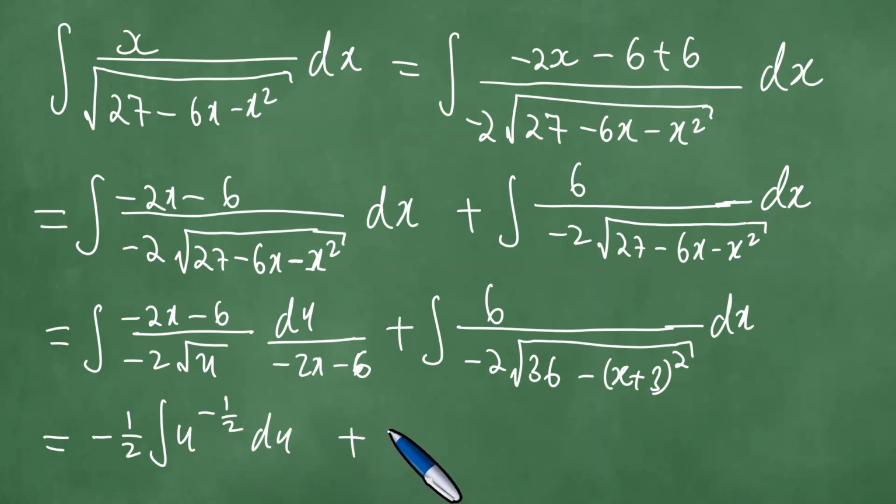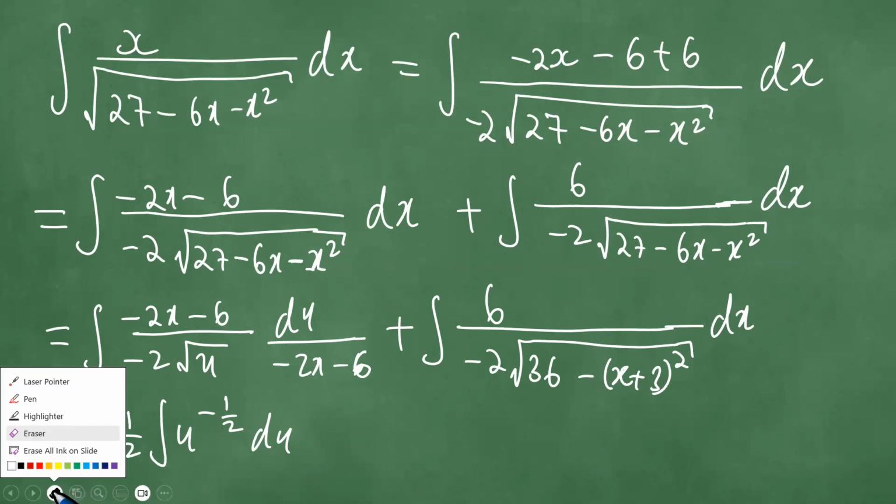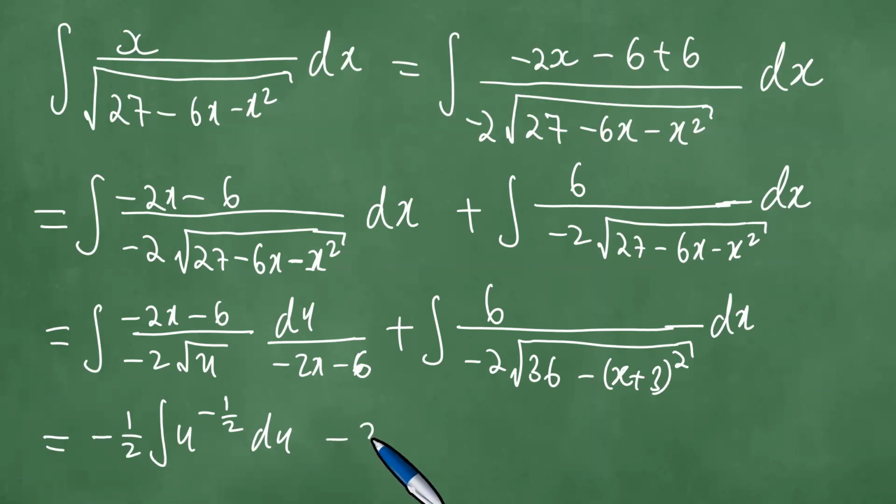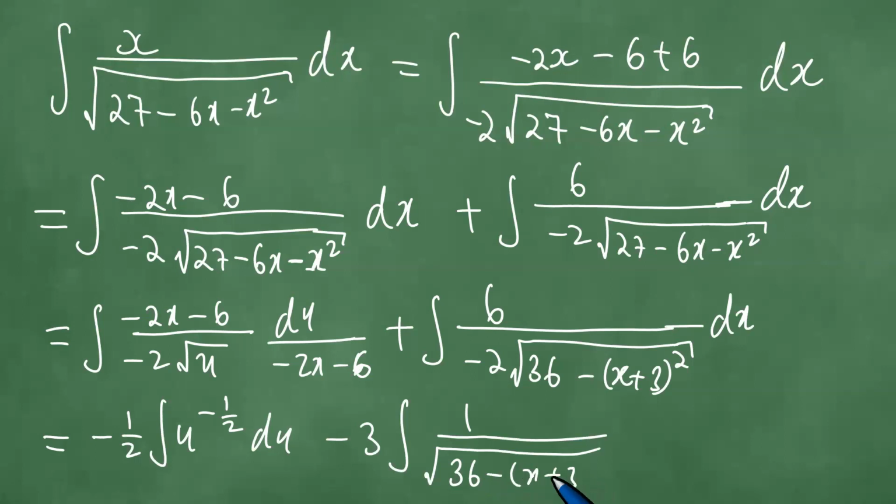Plus here you have the integral. But this one you can already transform because you can divide 6 by minus 2, getting a minus 3. The integral of 1 over 36 minus x plus 3 dx, which is minus 1/2.